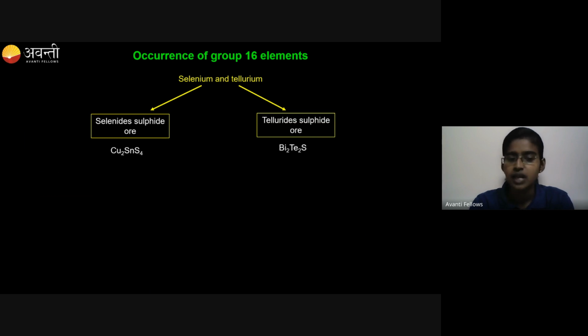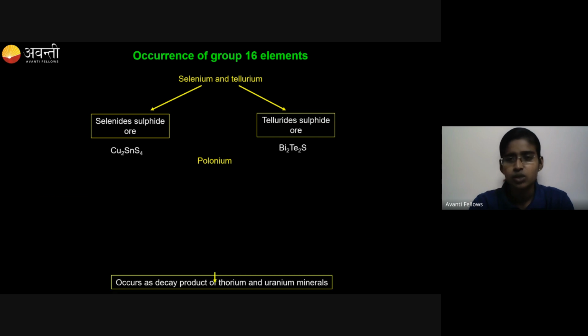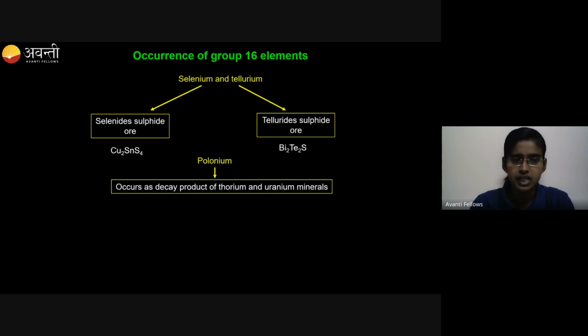The last element of this group is polonium. It is a radioactive element basically. It occurs as a decay product of thorium and uranium. These thorium and uranium are f block elements. If they undergo the decay process, they give polonium.